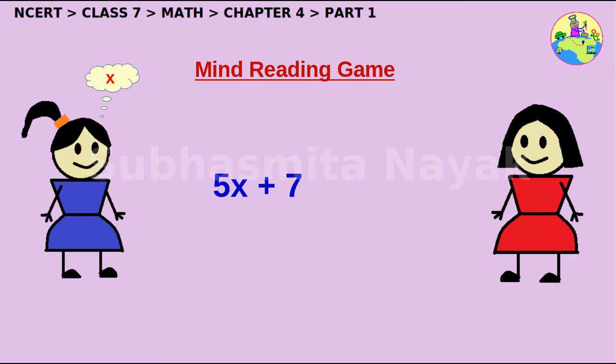So we can represent this with an expression, that is 5x plus 7. Now we know the answer was 57. This means the value of 5x plus 7 is 57. That is, 5x plus 7 equals 57.